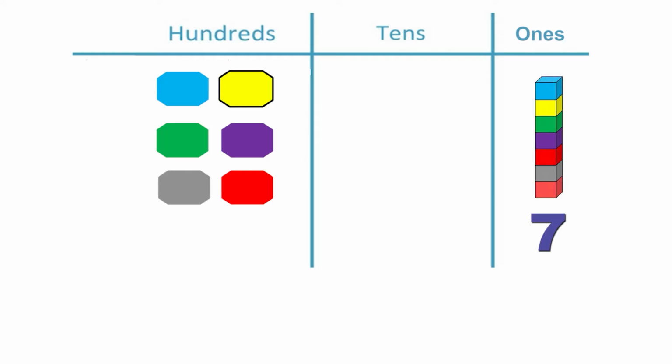Now take a look in our tens column. We don't have any shapes there. There isn't any shape there. So the number there will be 0. Now when we go over to our hundreds column, we can see 6 shapes. One of these shapes represents 100. So let us count in hundreds.